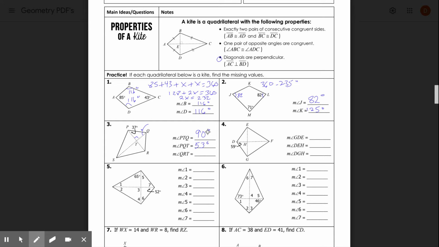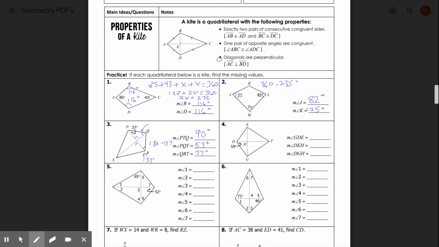So that one's 53 degrees. And then to get QRT, well, that one's pretty easy because that should be the same as this one. So this one is also 37. So we have 37 degrees there.